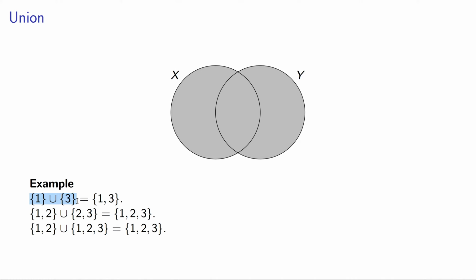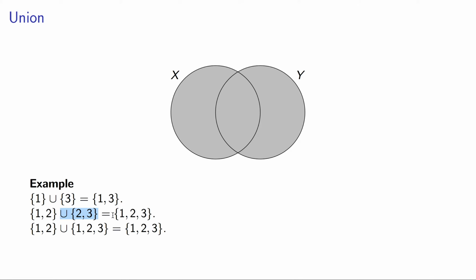Some simple examples. Singleton of 1, union singleton of 3. We take the elements from these sets, we end up with the set containing 1 and 3. The set containing 1 and 2, union the set containing 2 and 3.